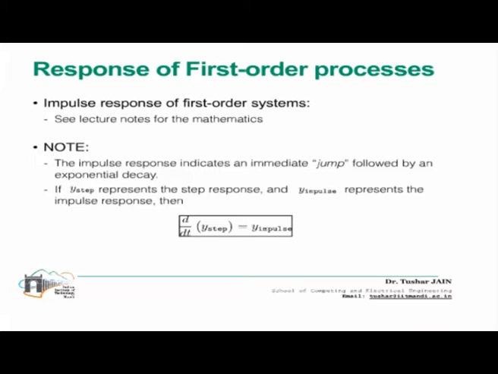Until this point, do we have any queries or doubts? Okay, try to fix the problem at your side. So proceeding further with the impulse response of first order system.